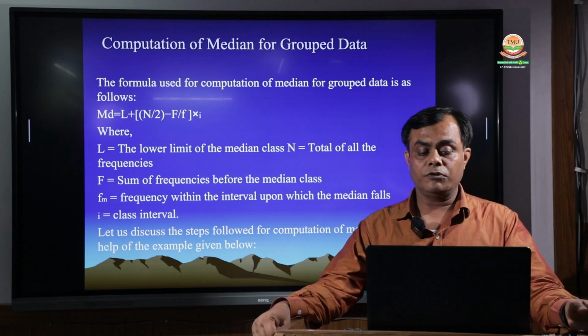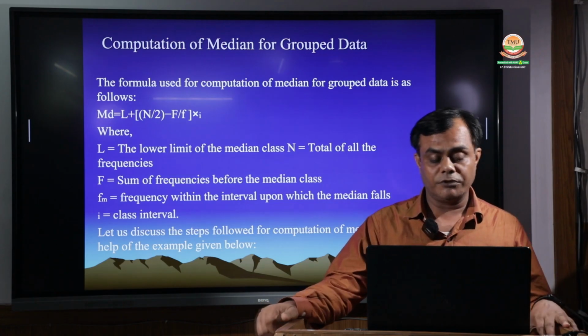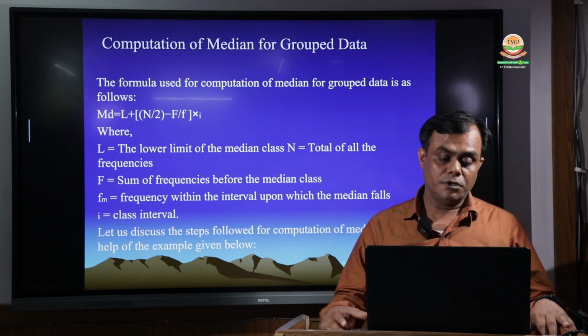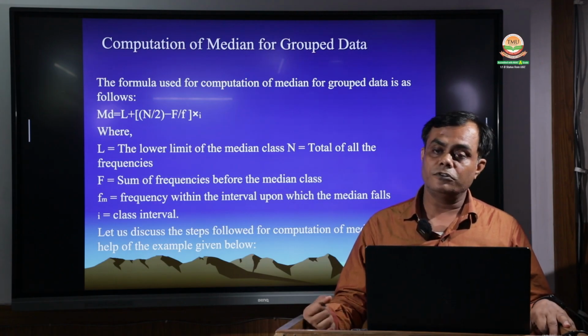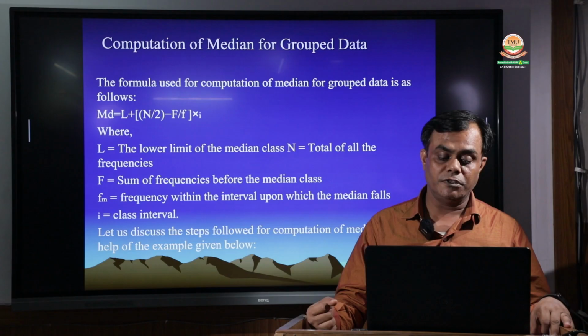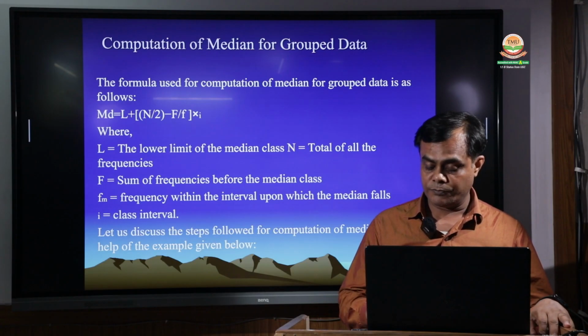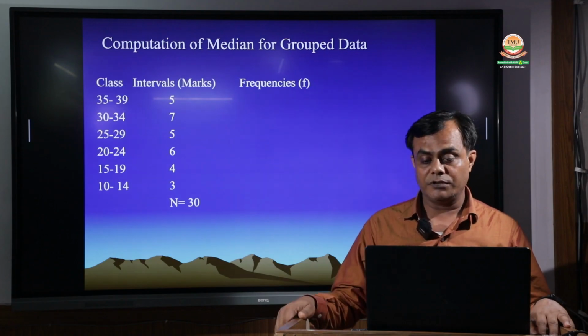So here we are going through all the values in the formula and what the values denote. Let us discuss the steps followed in the computation of the median with the help of the example given below. Here we are putting the example in another slide.